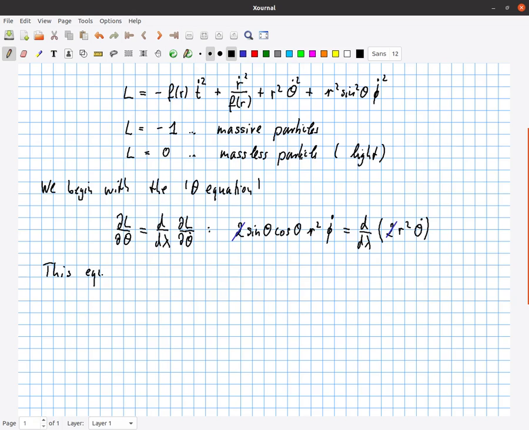This equation is solved by theta equals pi over 2. Now you need to ask yourself, why is this expected? What we are actually doing is we are confining the motion of the geodesic to the equatorial plane.